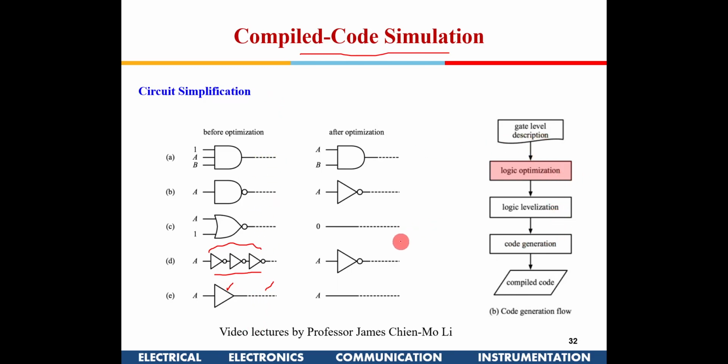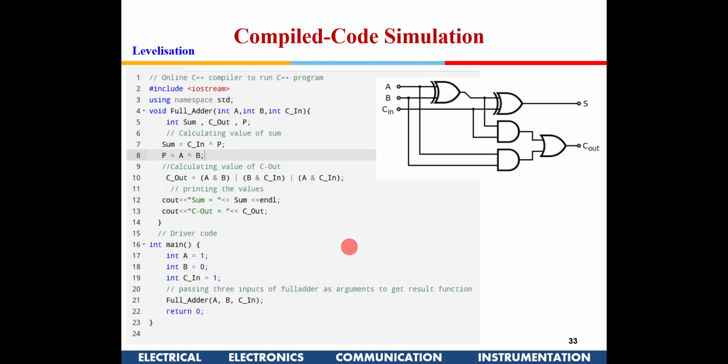After you have done the simplification, you have to check for levelization also. Now suppose this is a full adder. I am not doing gate level modeling. Compiled code simulation generally runs in C only. This is an actual program which I ran online. The inputs are A, B and C, and they are integers.